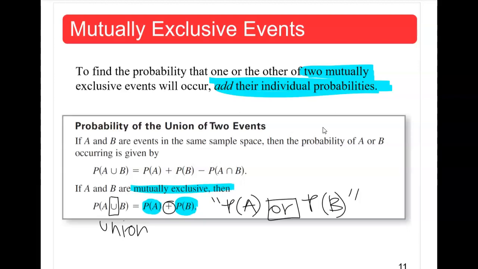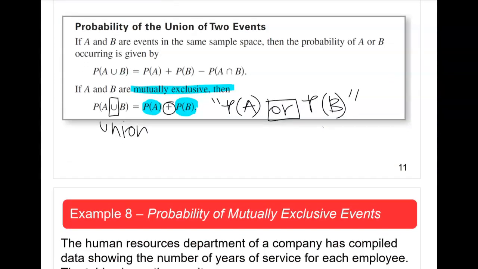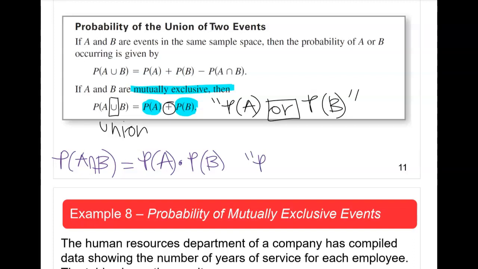So for an intersection, A intersected with B, it's going to be the probability of A times the probability of B. In words, we say this as the probability of A occurring and the probability of B occurring.